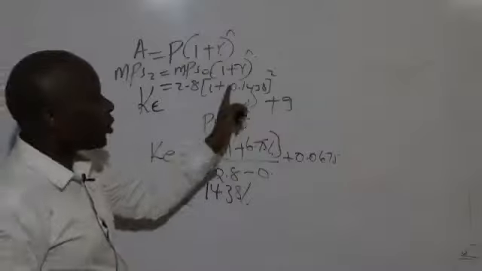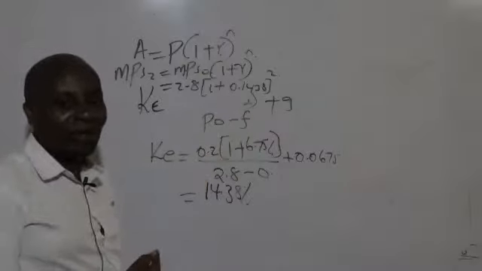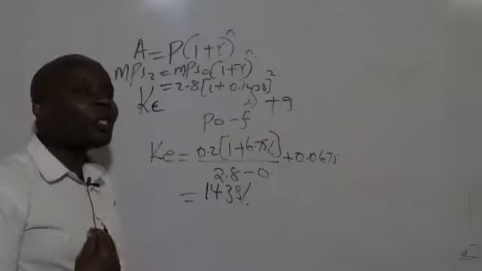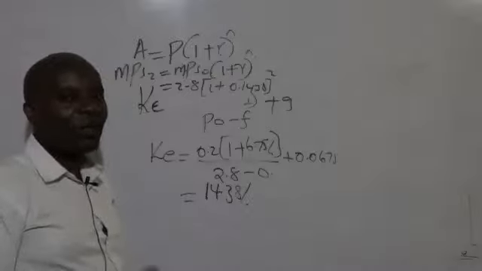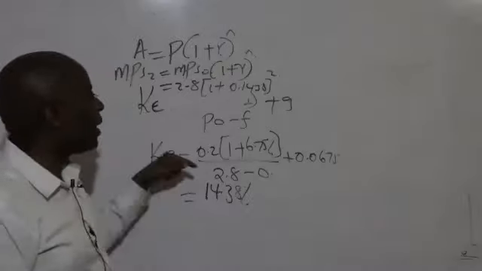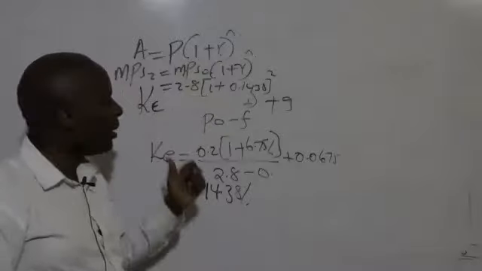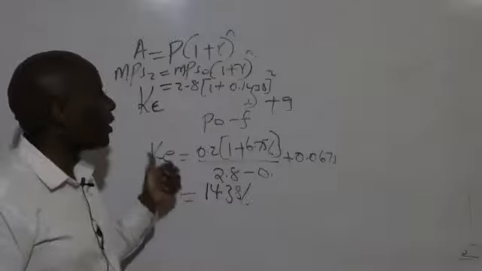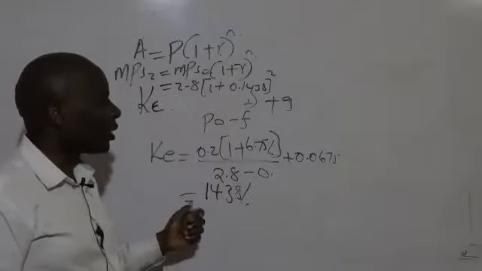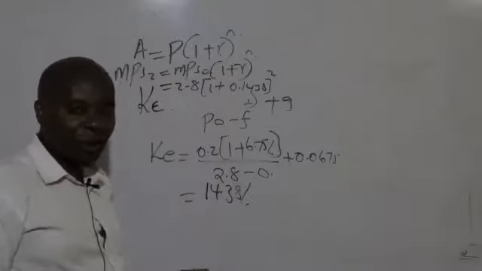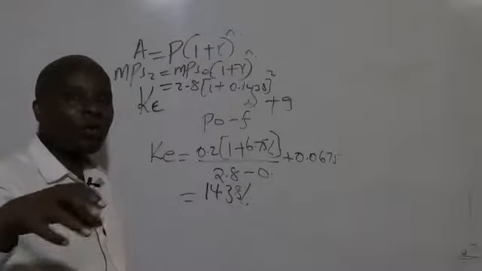I'm sure so many students will use the growth rate that they got there. But remember that growth rate is the growth rate of dividends. If they asked me the dividend in a given year, I would have used that particular growth rate. But now we are talking about MPS, market price per share, a component of equity holders.